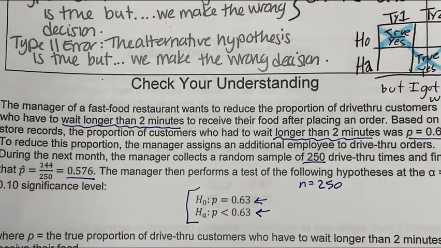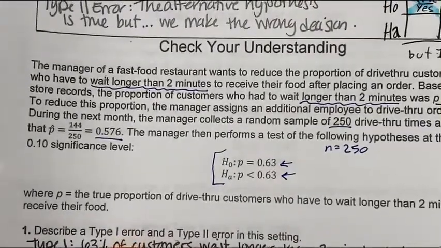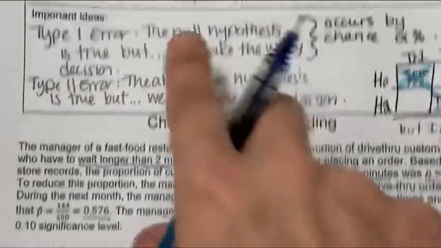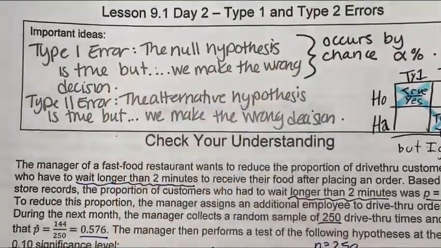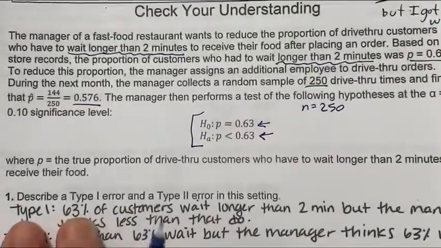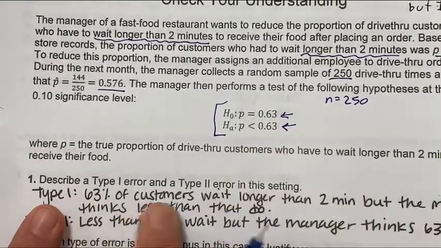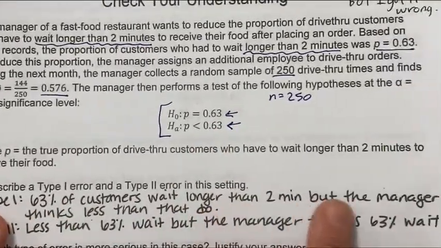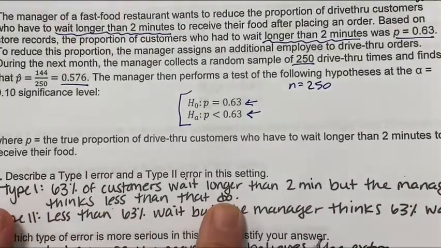What would a type 1 error look like? That's what the next question says. Well, again, using our script, a type 1 error is when the null hypothesis is true, but we make the wrong decision. So we have to say, well, type 1 error would mean it's true, 63% of customers wait longer than 2 minutes, but the manager thinks it's less.